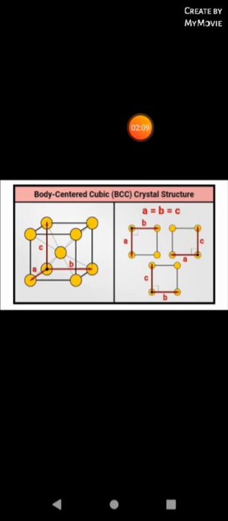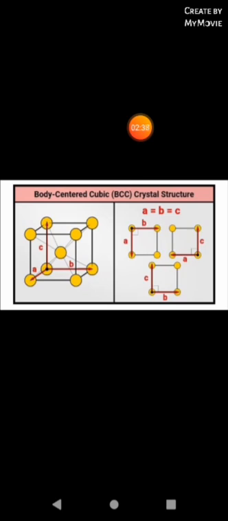All of these have BCC as a crystal structure, and the list is not limited to that. BCC metals have a ductile to brittle transformation temperature, which means they are brittle at a lower temperature and ductile at a higher temperature. Some BCC metals are ductile at room temperature and others are brittle.